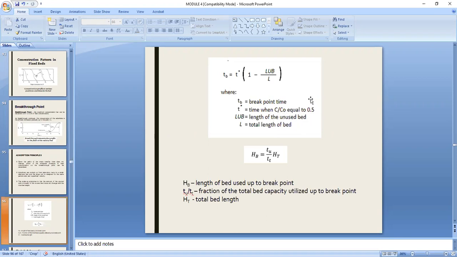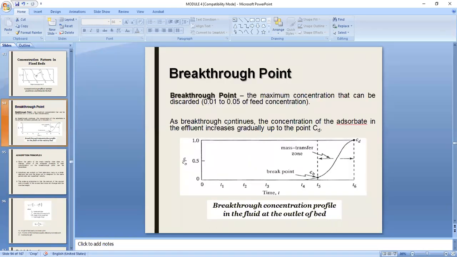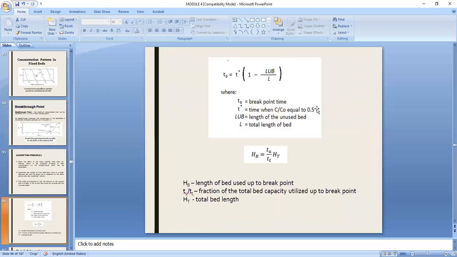The highest value in the range of concentration, class, is 0.05. Maybe I got mistaken here. It should be 1% to 5%, so 0.01 to 0.05 of the feed concentration. There's a typo here. This should be 0.05. Now, LUB is the length of the unused bed and L is the total bed length.